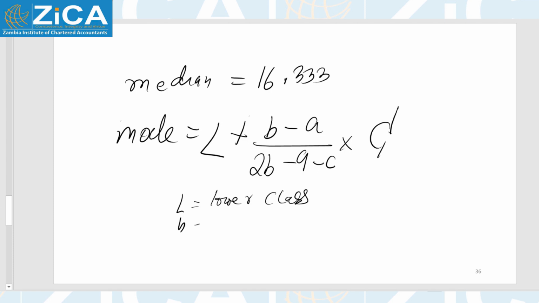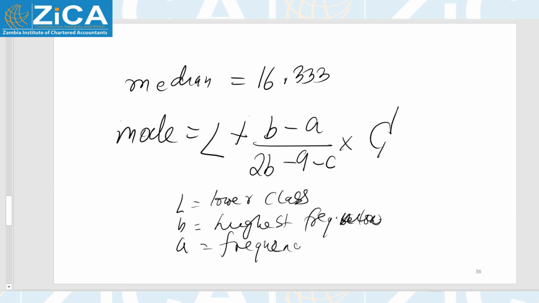The a is the frequency below the modal class interval.